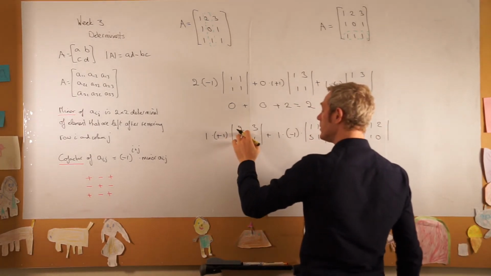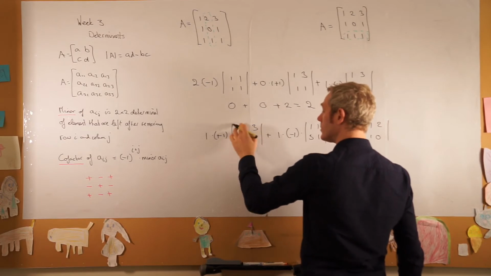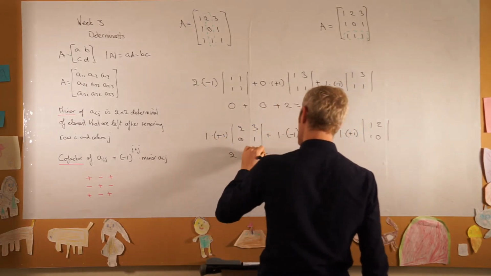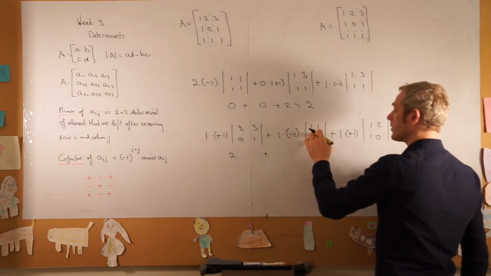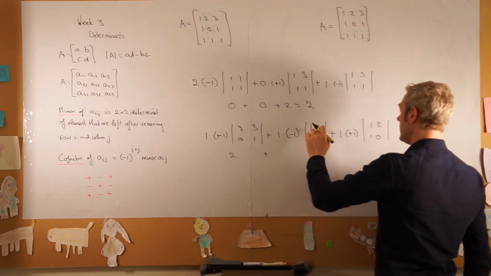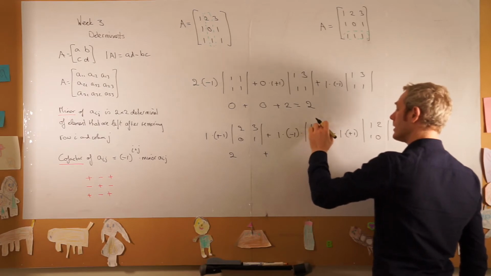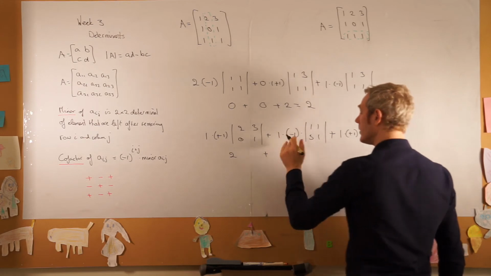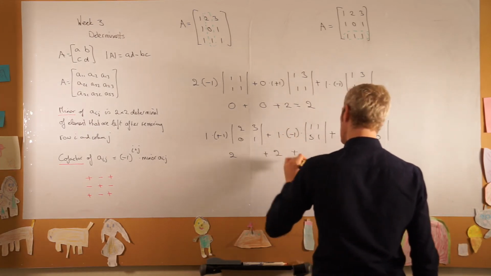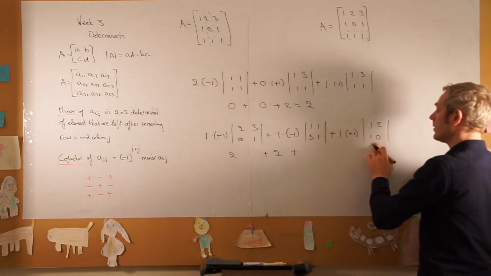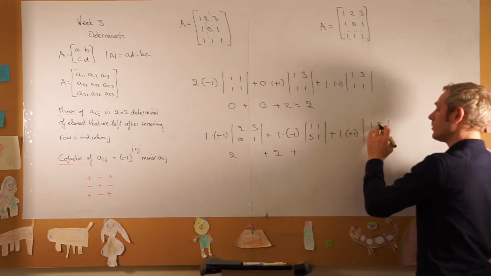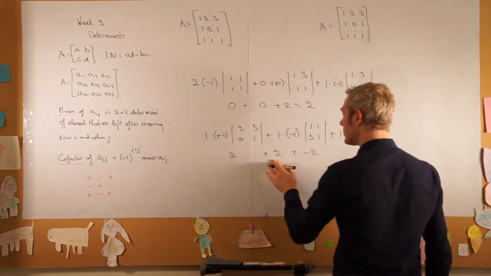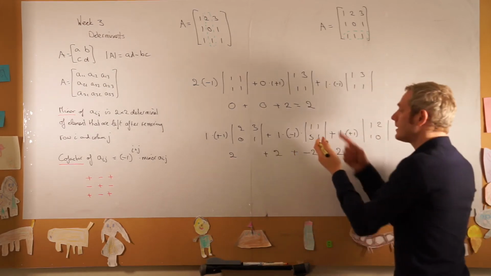This determinant is 2 times 1 minus 3 times 0, so this is 2, plus 1 times 1 times 1 minus 1 times 3 is equal to minus 2 times minus 1 times 1 is equal to 2, plus 1 times 0 minus 2 times 1, so this one is equal to minus 2, so 2 plus 2 minus 2 equals 2, and it is the same answer.